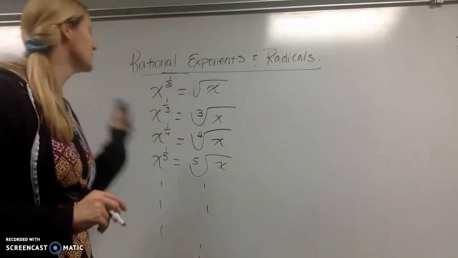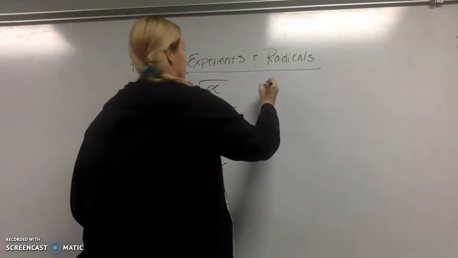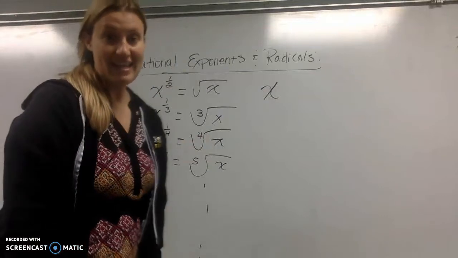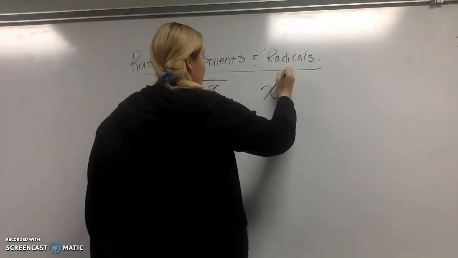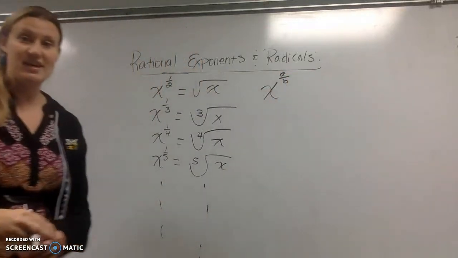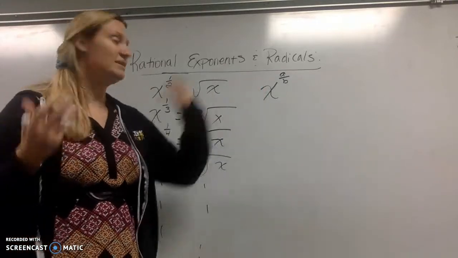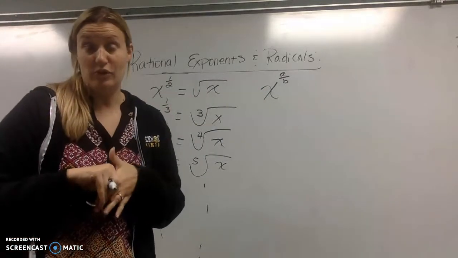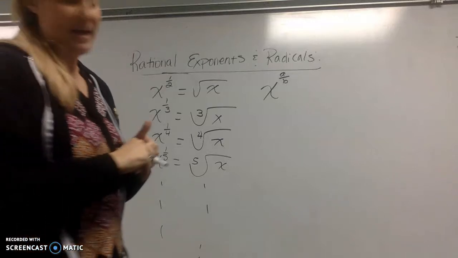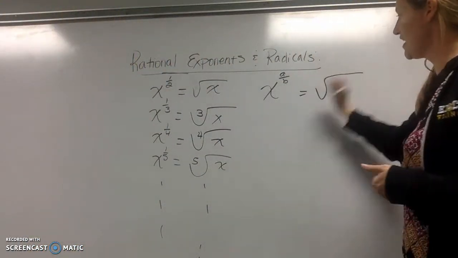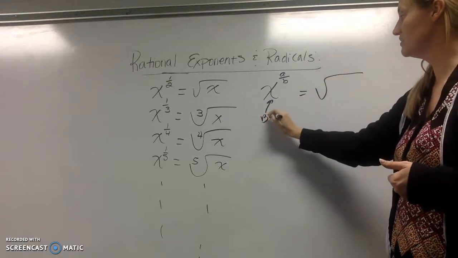Okay, in fact, you can write any base to a rational exponent. So a over b is just saying, hey, it can be any fraction. A and b can be any number. Obviously, b can't be 0 because you can't have 0 on the denominator. What happens is when you go to write this as a radical, x is my base.